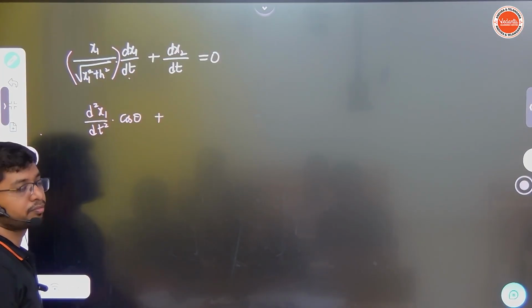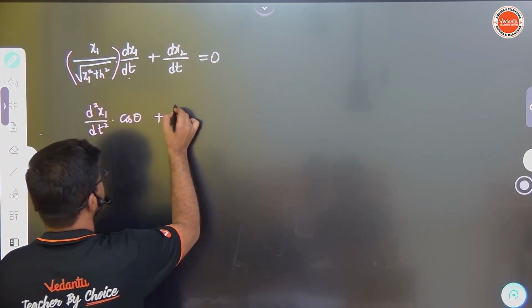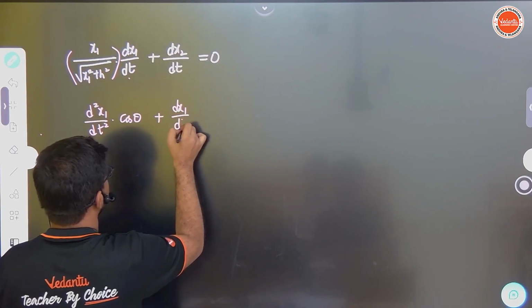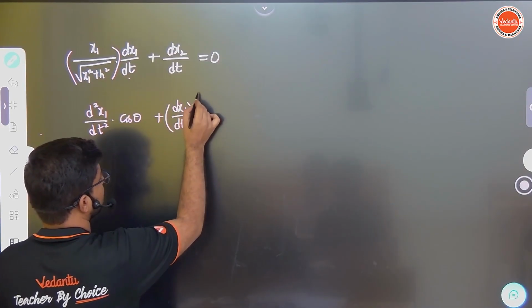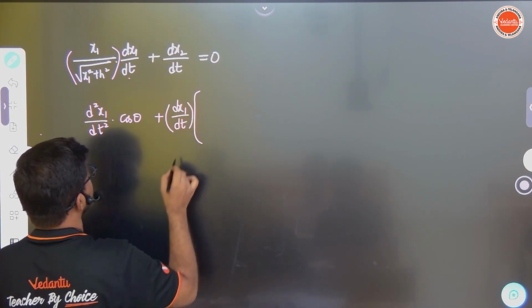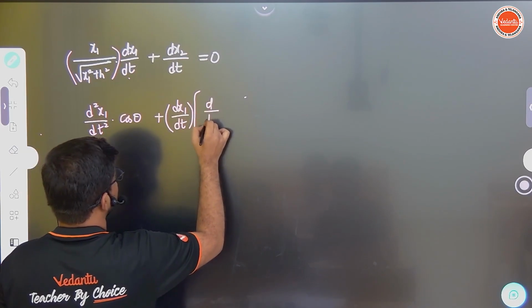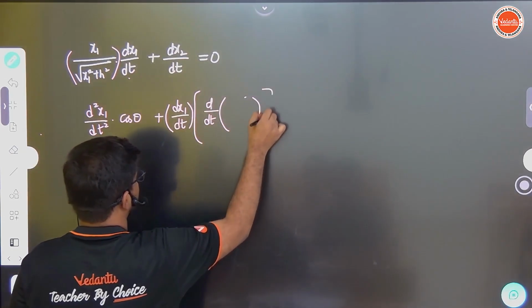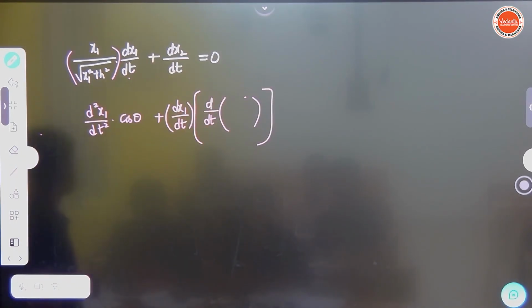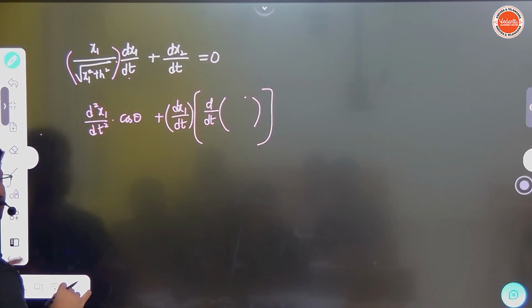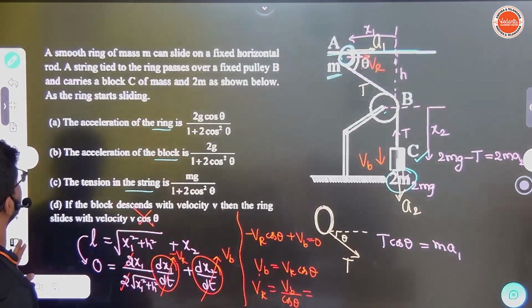Then plus, you keep the dx1 divided by dt as it is, and d by dt of all this thing. I'll come to this point.